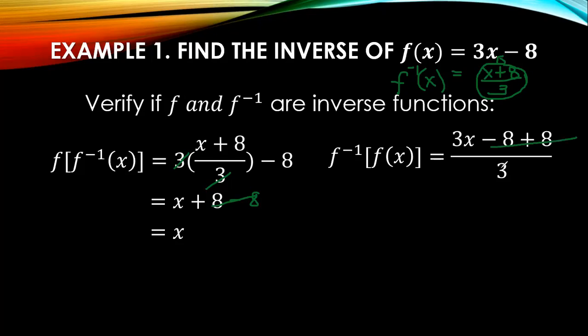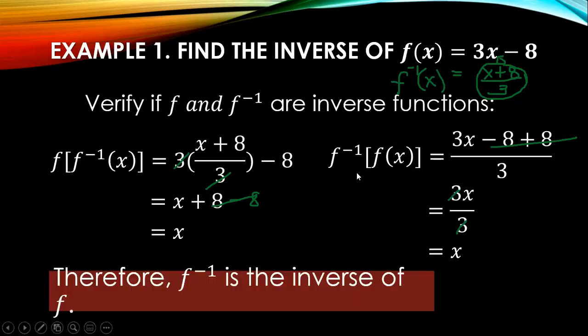Natira ay 3x over 3. So, that will be, so our answer will also be x. Okay, ganyan po mag-verify ng inverse functions. So, dapat parehas na matitira ay x. Okay?